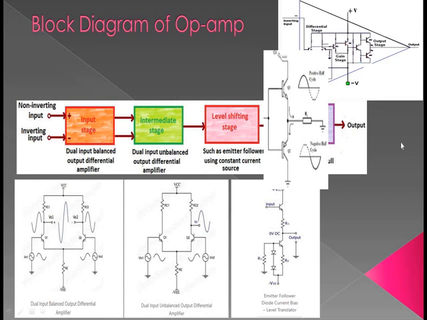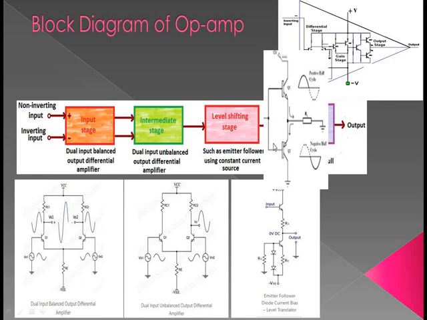Next is output stage. Output stage is complementary push-pull amplifier. Complementary means one transistor is NPN and another one is PNP. So when the input signal is accepted by this circuit, then during the positive voltage, upper transistor turns on and provides the current to the output.